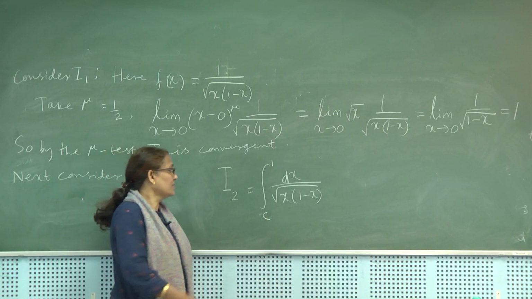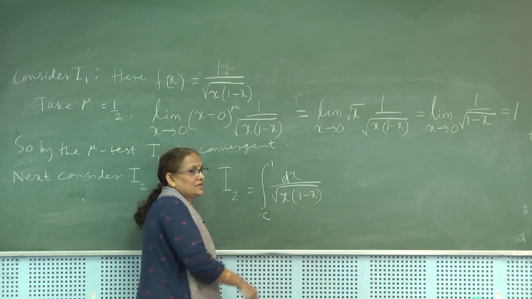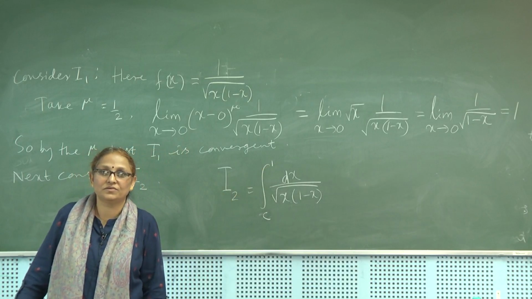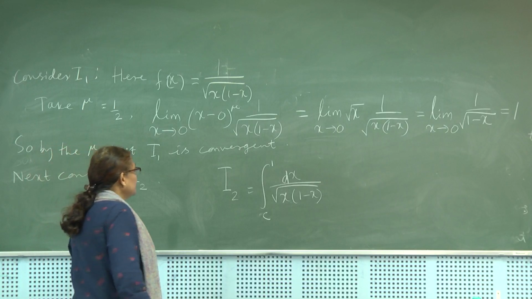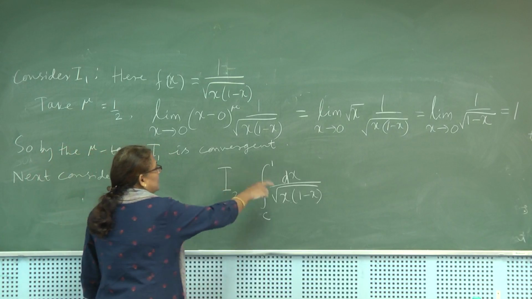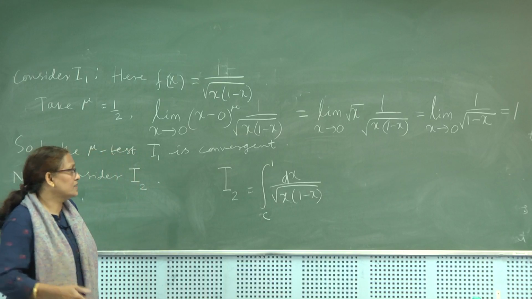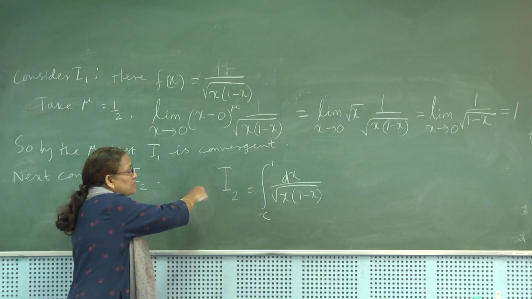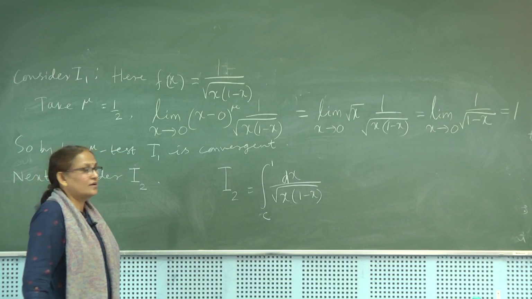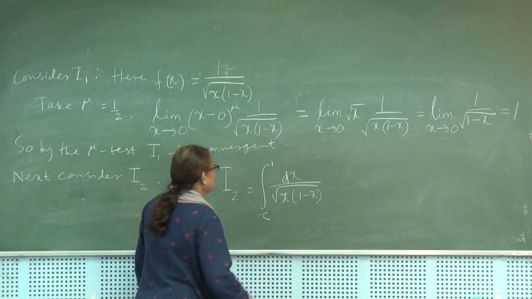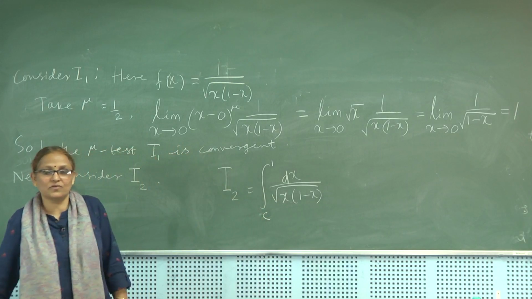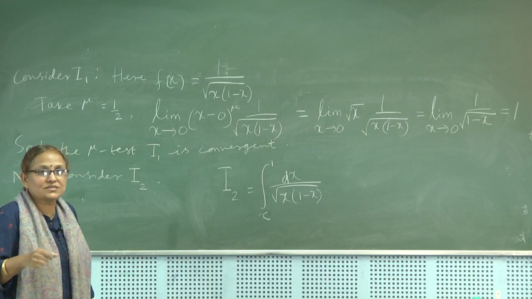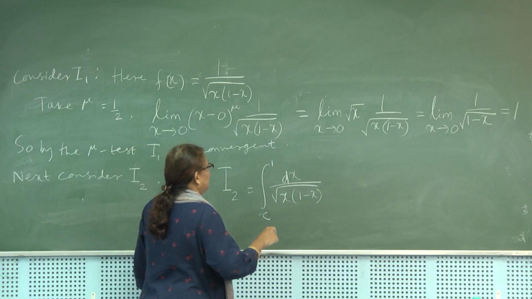So, therefore, the integrand is unbounded only at the upper limit 1, and for this we again have to go for the mu test. What should the mu value be here? Well, in this case, we consider the limit x tends to 1.